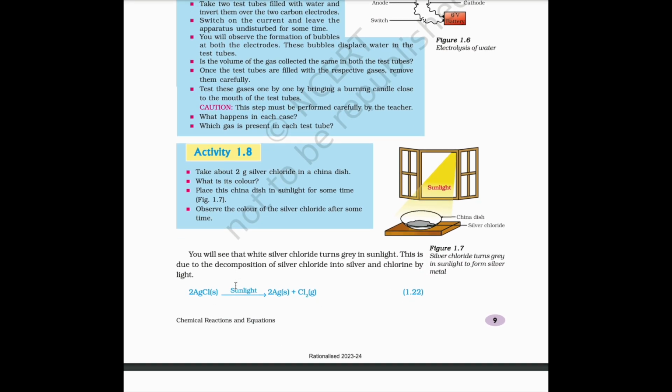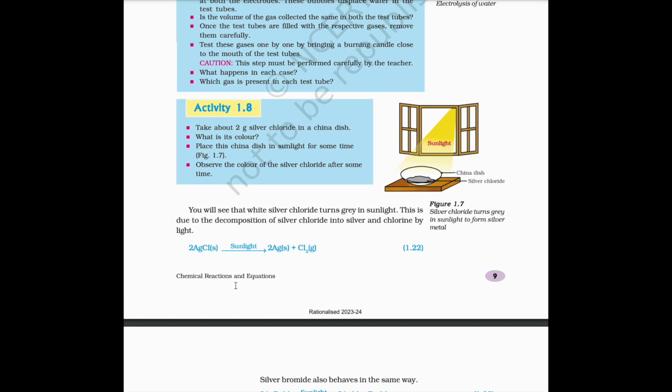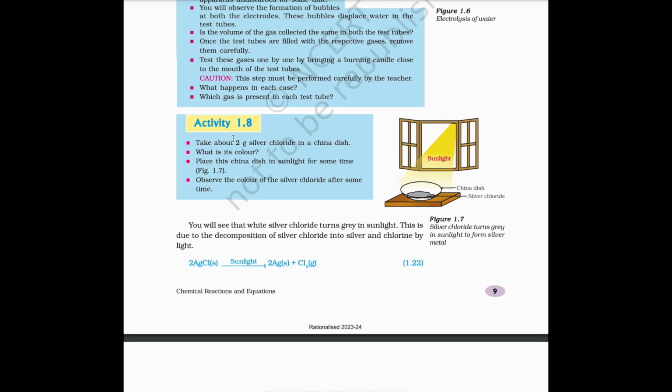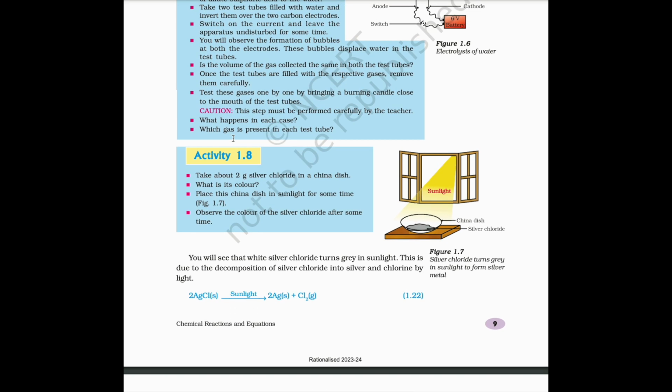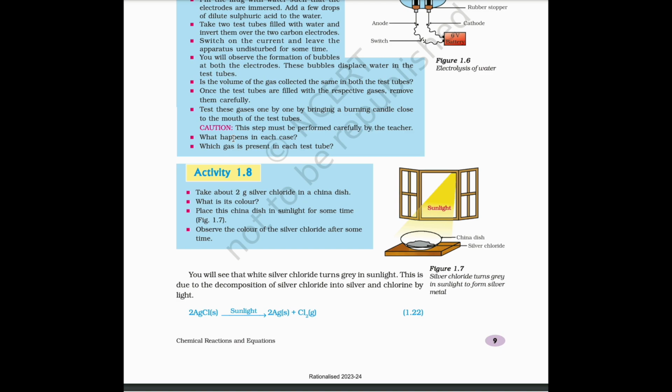Activity 1.8. Take about 2 grams silver chloride in a china dish. Note its color. Place this china dish in sunlight for some time, as shown in figure 1.7. Observe the color of the silver chloride after some time.